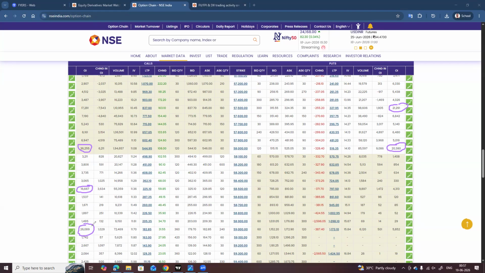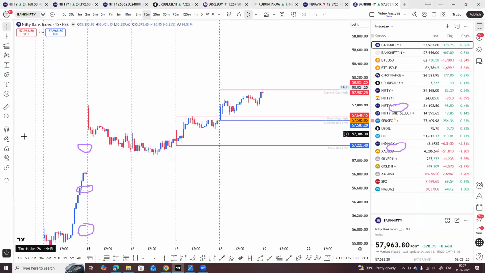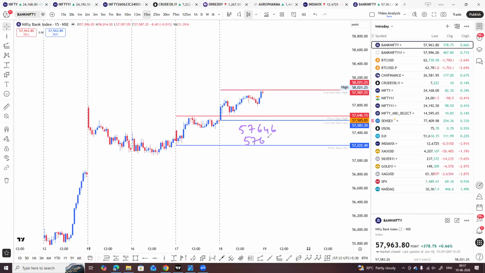For tomorrow, the projected levels for Bank Nifty based on these levels, at the support are going to be 57,646, 57,583, and 57,222.